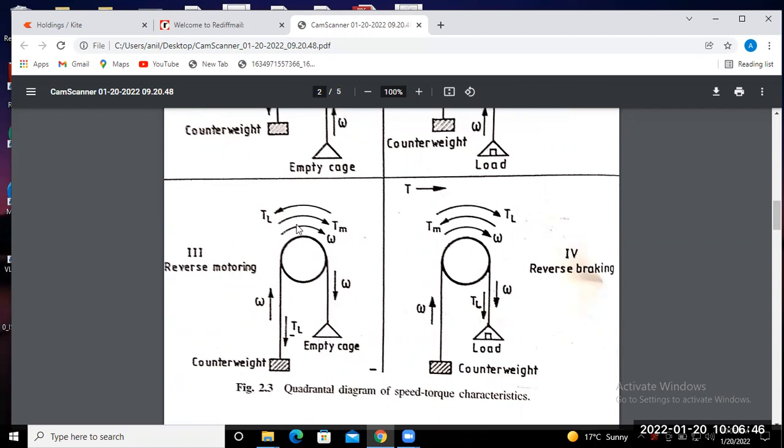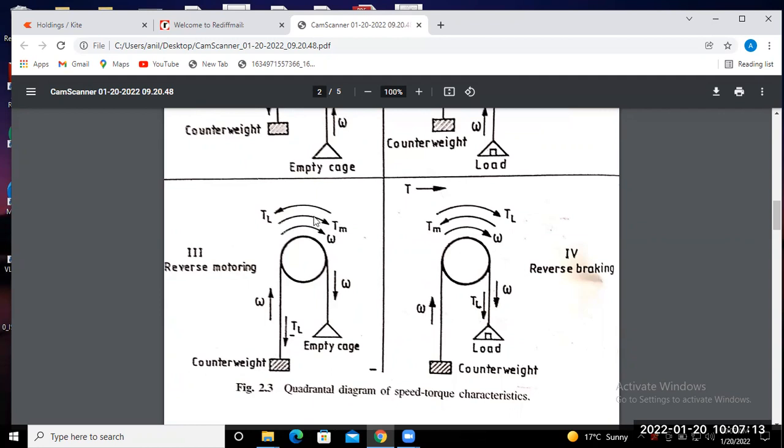Since the speed is in the clockwise direction, it will go downward. This is your counterweight, and the load torque acts in the opposite direction to the electromagnetic torque. So you have to be concerned about this load direction: the electromagnetic torque and load torque always act in opposite directions.